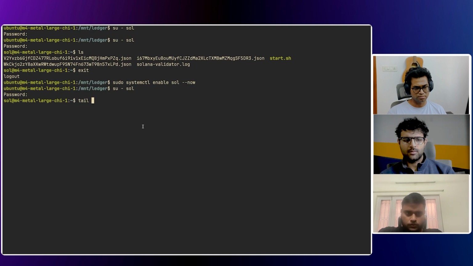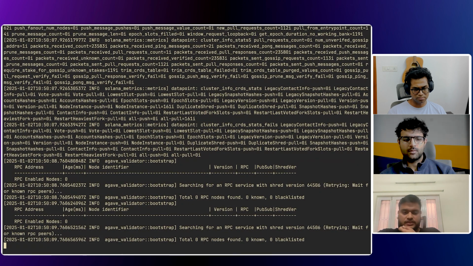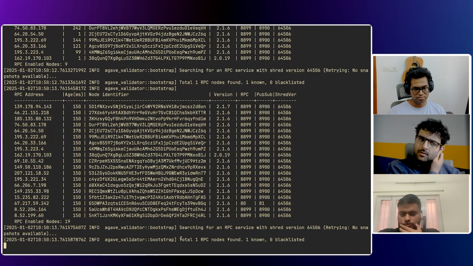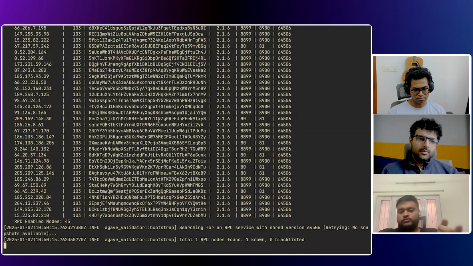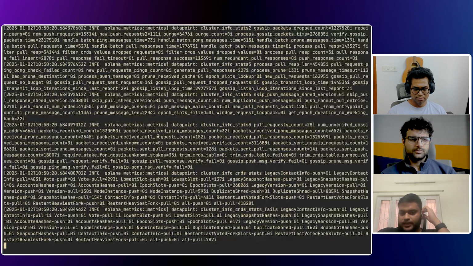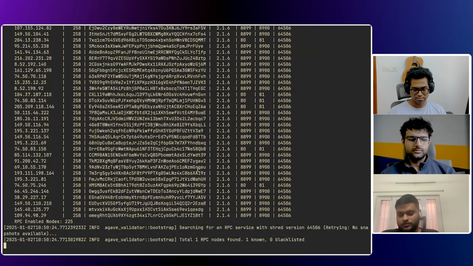If I do tail on the log file, you can see it's starting up, and it's basically trying to see which RPCs or validators are available in the region. It found one RPC, and with that one RPC, it pulled up the whole list of people that are in gossip, and slowly it will start to download the snapshot and start up.